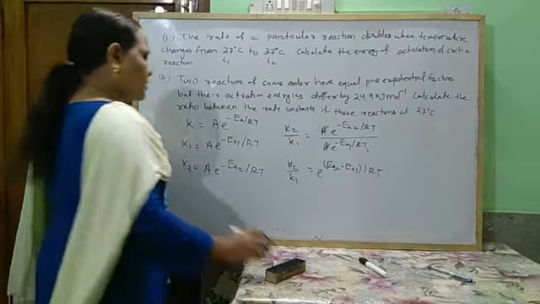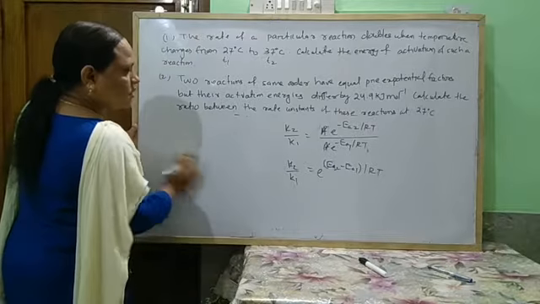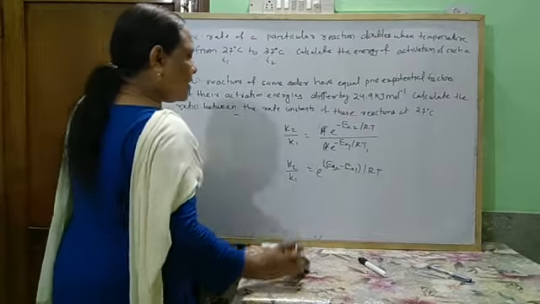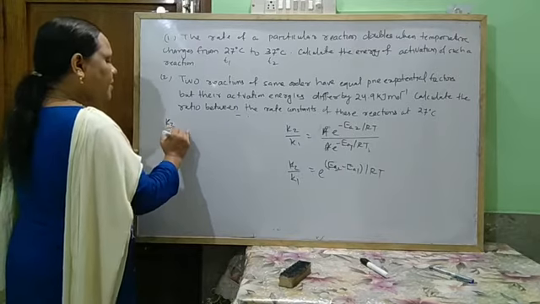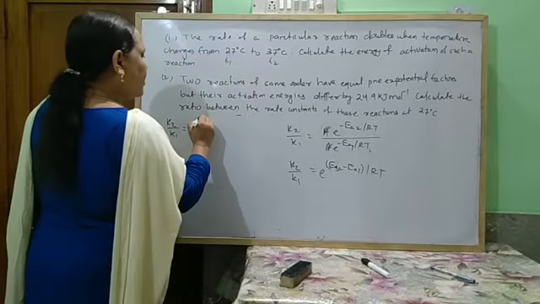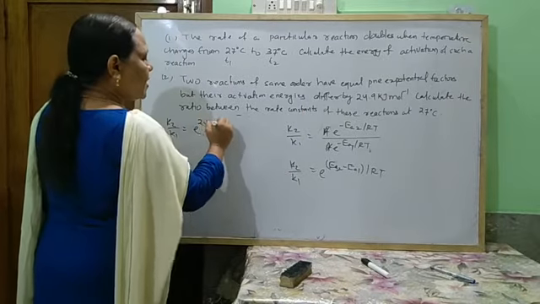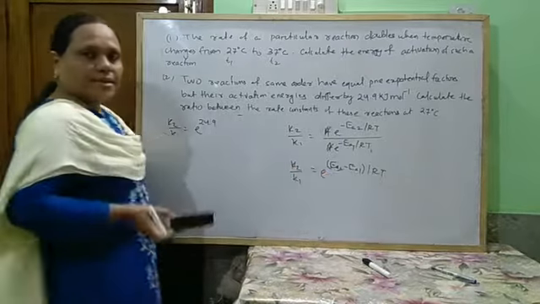This value comes. So what is the value then? Now substituting the value of T, K2 by K1 equal to e to the power 24.9 kilojoule is given, so R value put in joule.